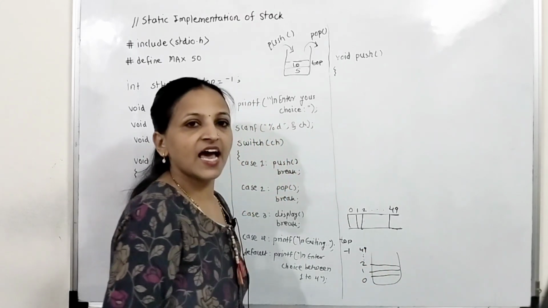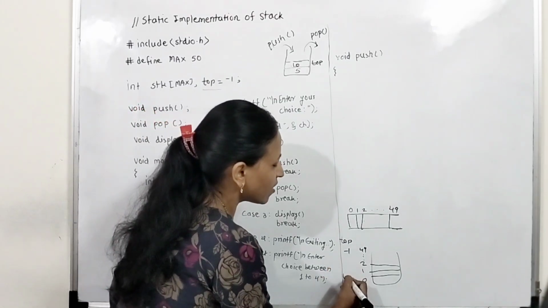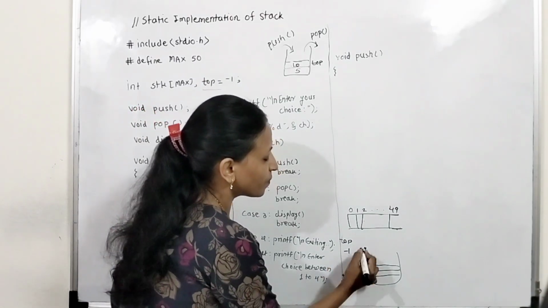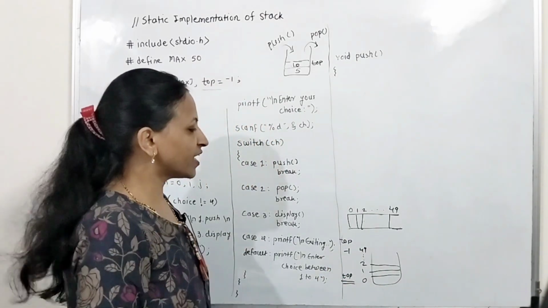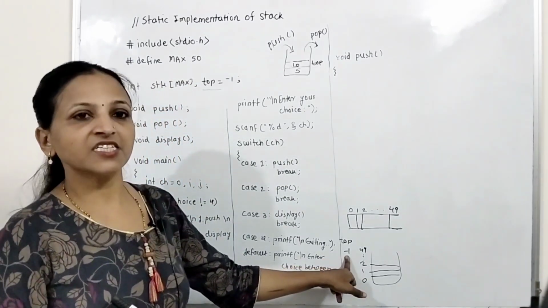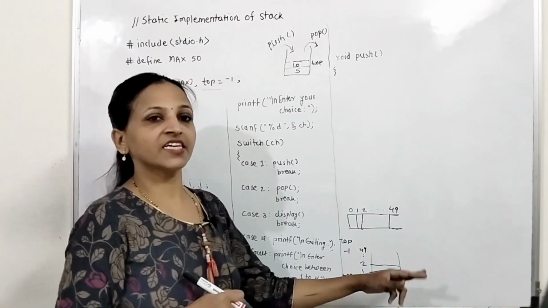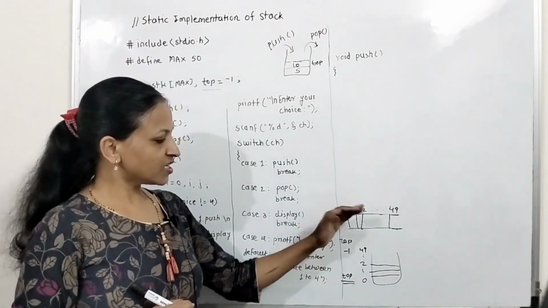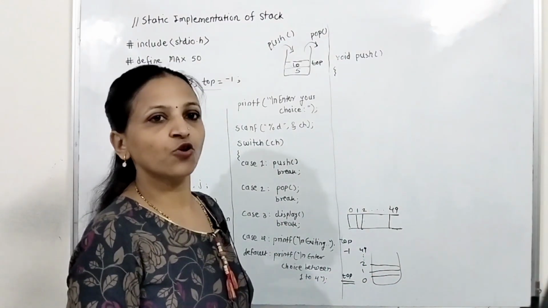In this way the stack will be, and top will have the index of the topmost element always. Initially we have to assign -1 value to top whenever there is nothing inside that stack. Whenever we insert any element, that index will be the value of top.